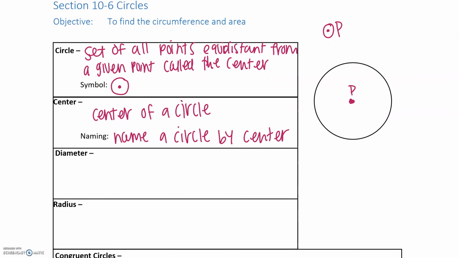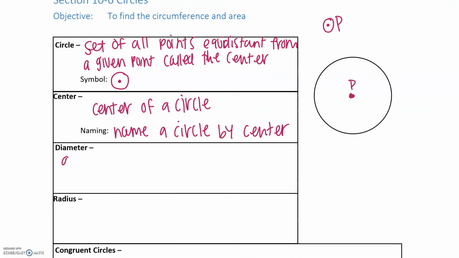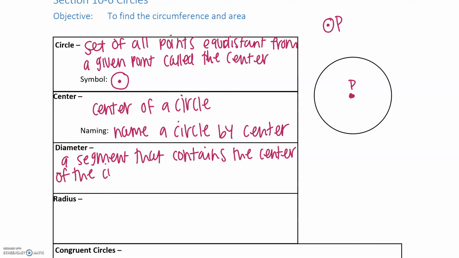Okay, so the diameter is a segment that contains the center of the circle and endpoints on the circle.